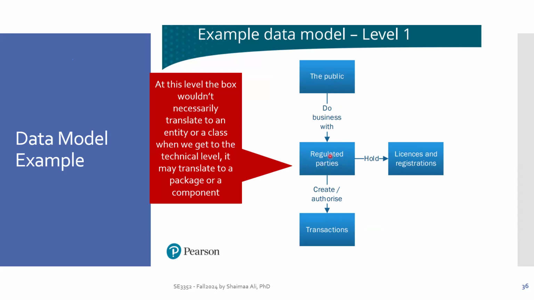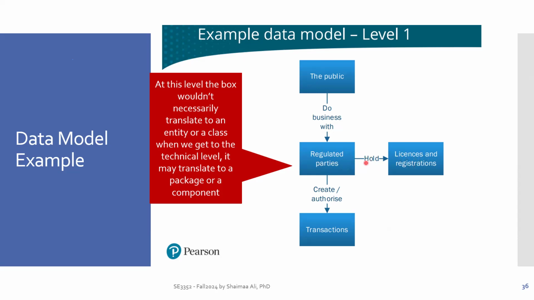Now before, there are also relationships between the entities, okay? But here we just assume that it's all many to many and all in one direction. We're not supposed to add the details of the multiplicities and the associations now. It's just that we know that there's some relationship between regulated parties and license and regulation. We can describe it generally with hold.